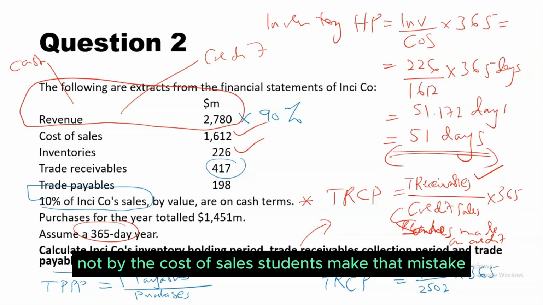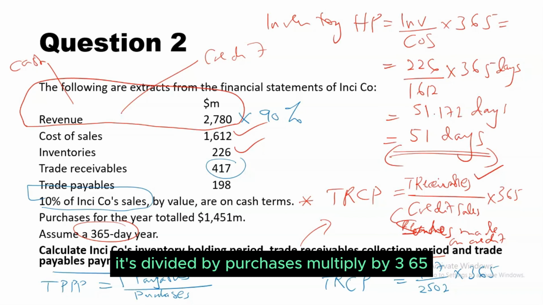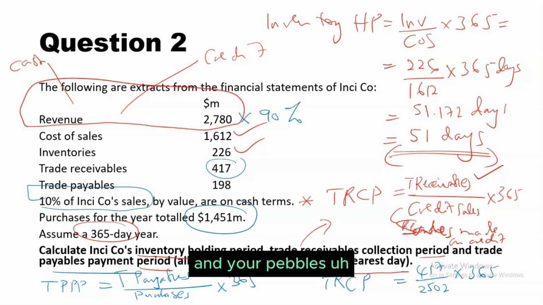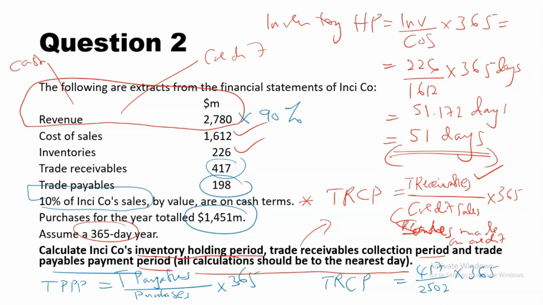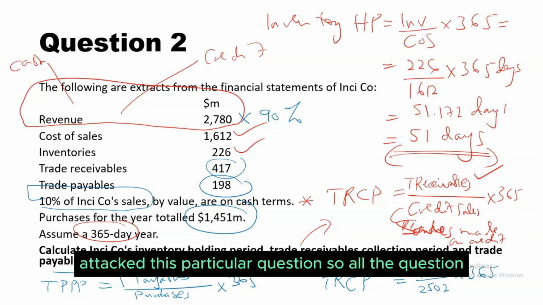Students make that mistake. Please don't make that mistake. It's divided by purchases, multiplied by 365. So your purchases figure was given there and your payables figure was that. So that's how you were supposed to have attacked this particular question.